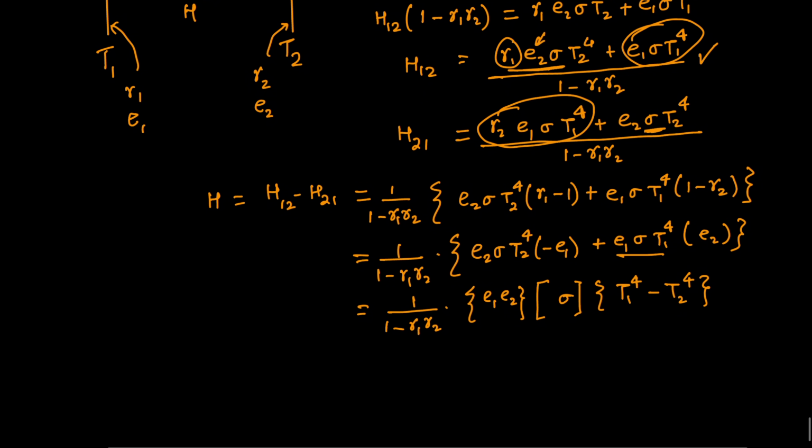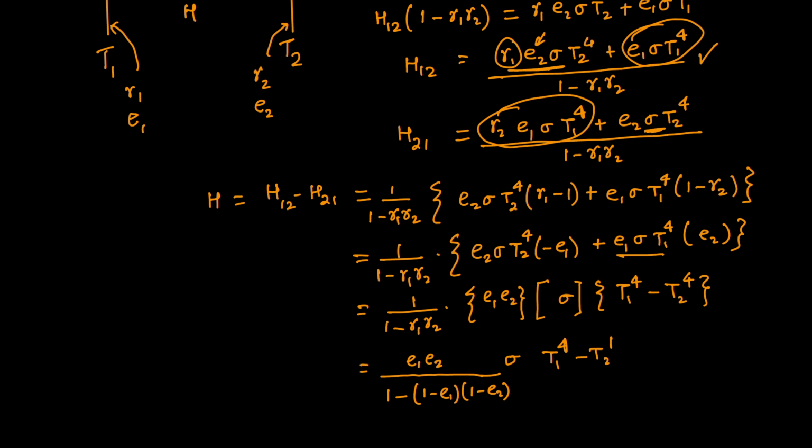So finally, we have this expression E1 E2 upon 1 minus, in place of R1, you can write 1 minus E1, in place of R2, you can write 1 minus E2, times sigma (T1^4 minus T2^4). So this is the amount of heat that goes from one plate to another per second per unit area. Okay, thank you.